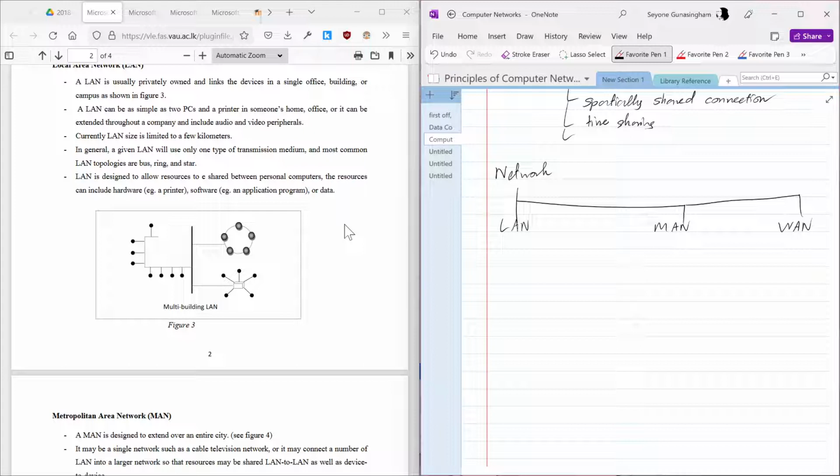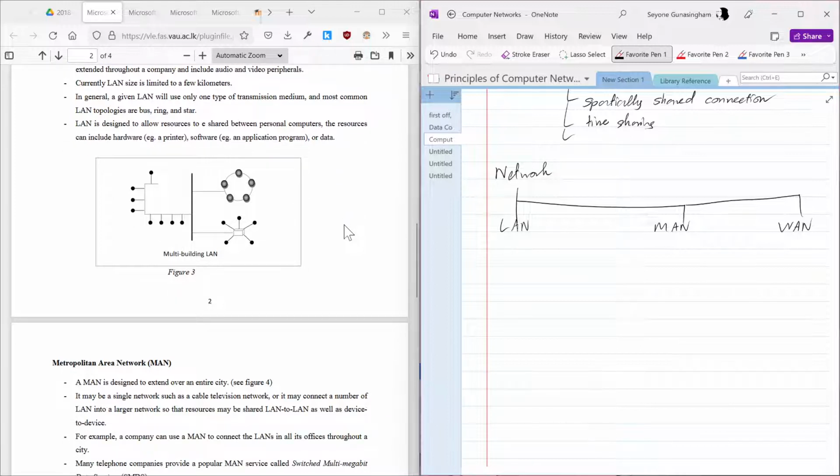The local area network is the smallest and only takes up a small amount of space. It is usually privately owned, linking devices in a single building, like a printer in someone's home office. It's limited to a few kilometers.